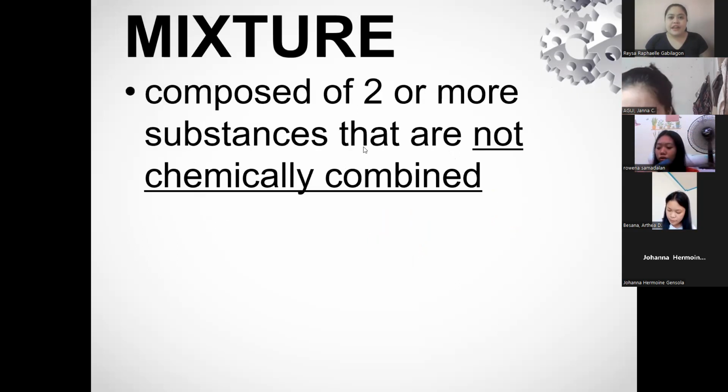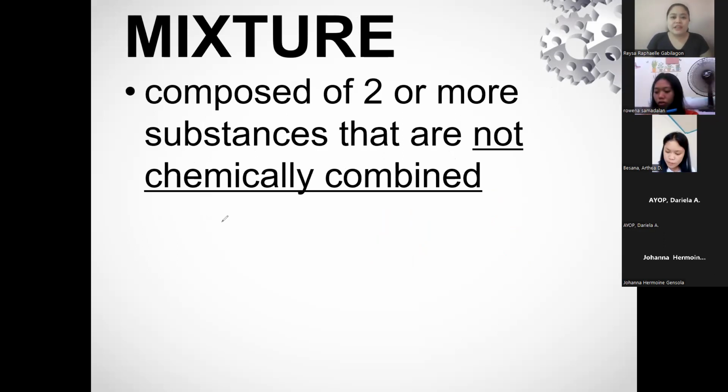Okay? And then, ang mixture natin, again, composed of two or more substances that are not chemically combined. So what is the example of a mixture?